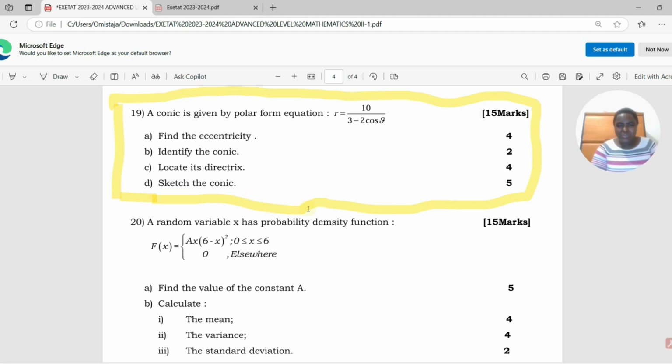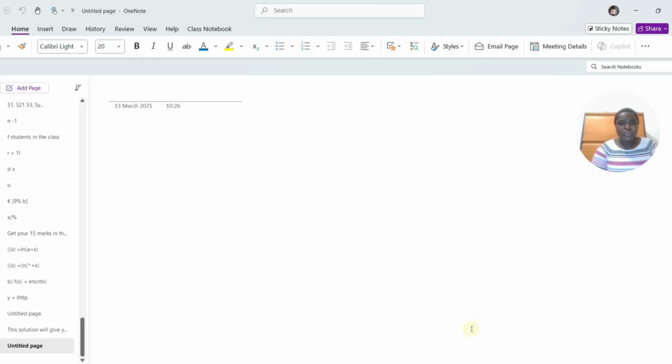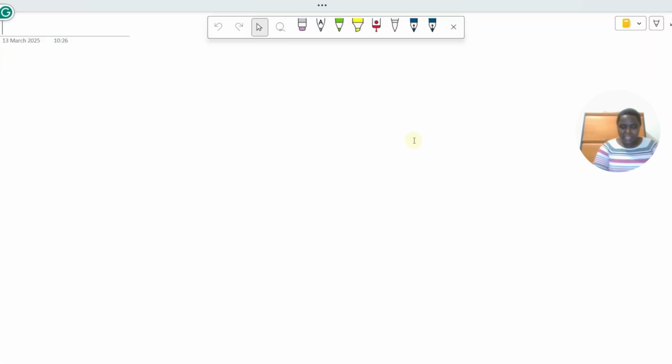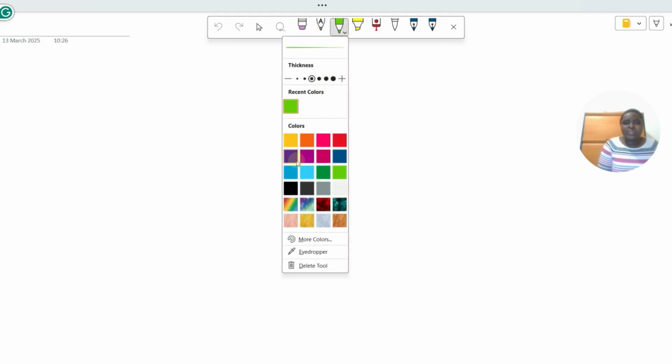So let's see how we can solve this kind of question. We are given a polar form of the conic, let me take a pen, and I need a black pen.